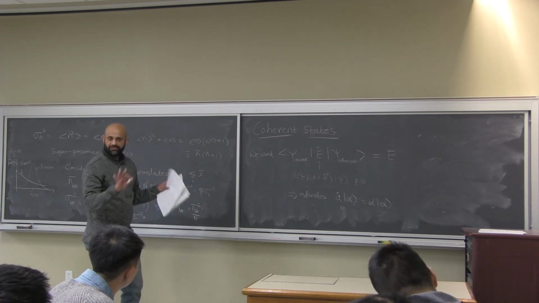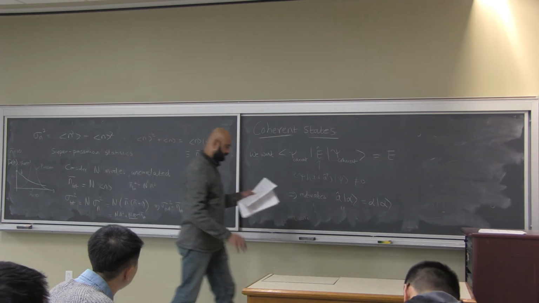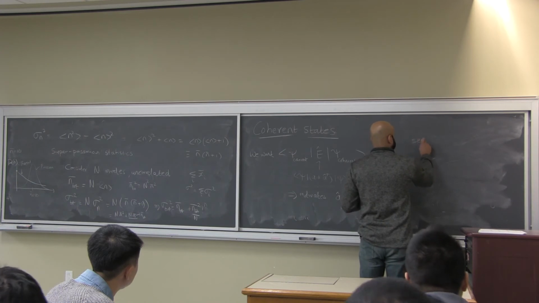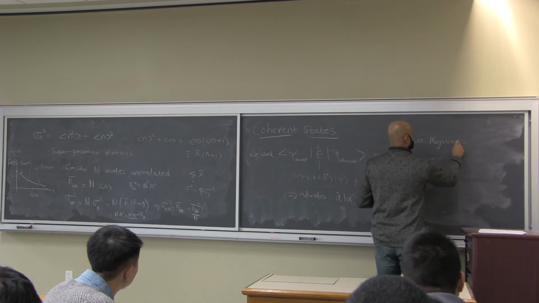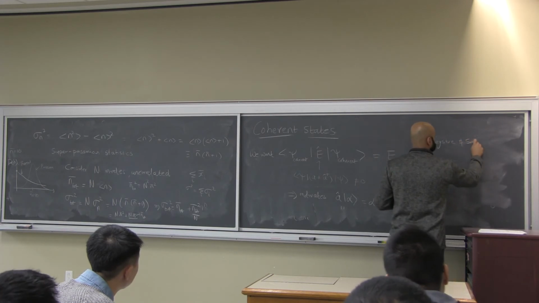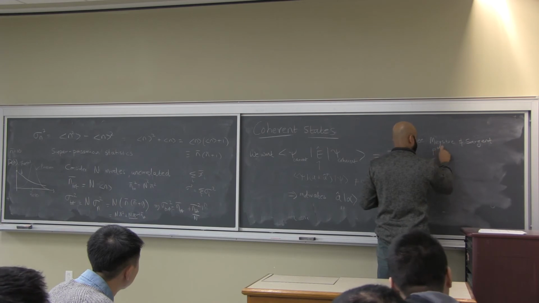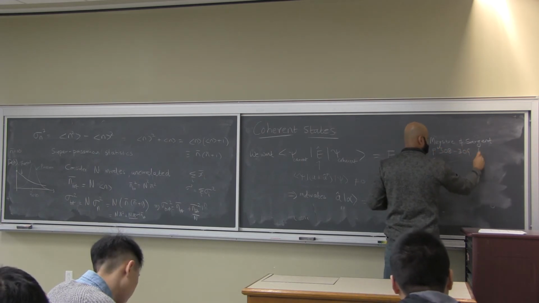Now this is obviously a very intuitive and physical picture. I have not proven anything here. So again, I refer you to Meystre and Sargent, pages 308 to 309 for a rigorous proof.